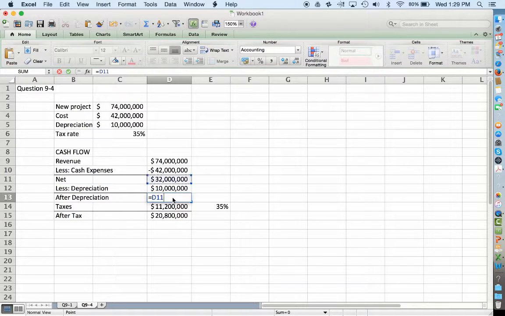And then the tax is going to be the 22 million times 35%. And then 22 million minus 7.7.